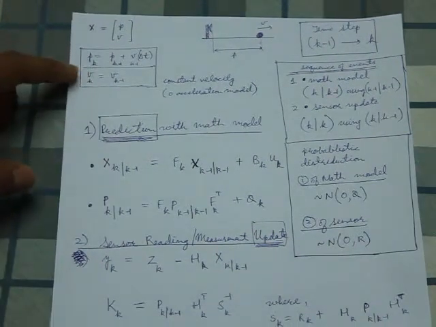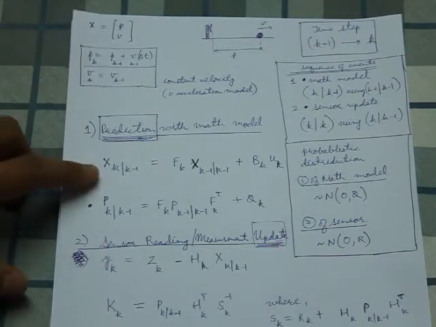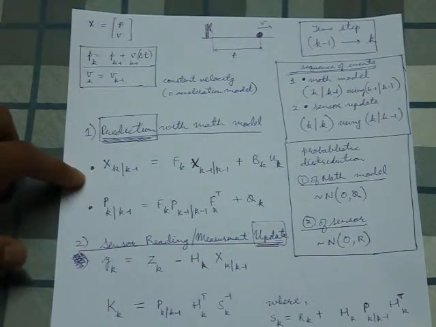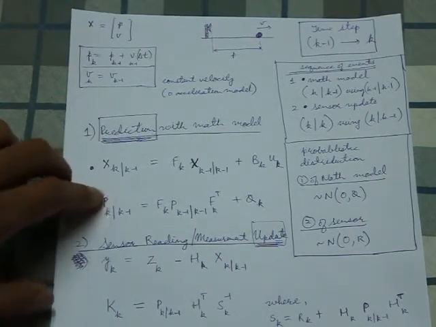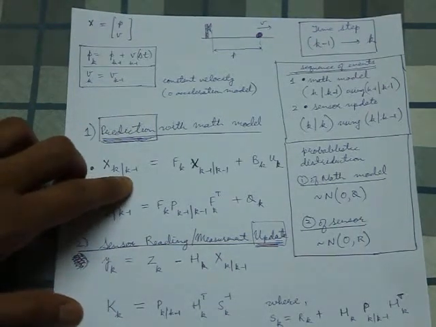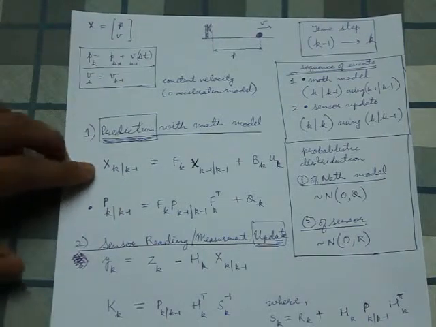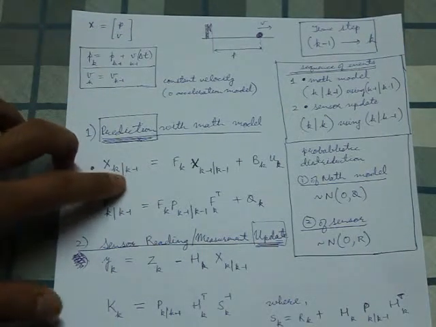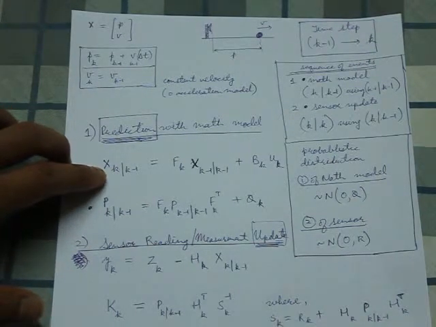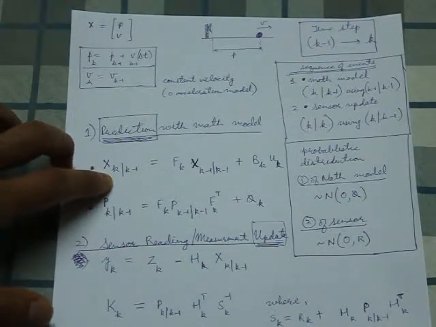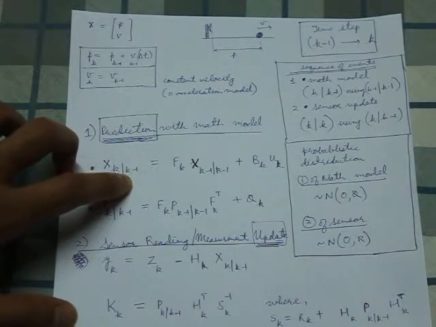Now that we know the mathematical model, we can predict the state of the system at time step k when we know the state of the system at time step k minus 1. That we denote by x of k given k minus 1. So what are we trying to do? We're trying to find the value of x at time step k given we know the state at k minus 1.